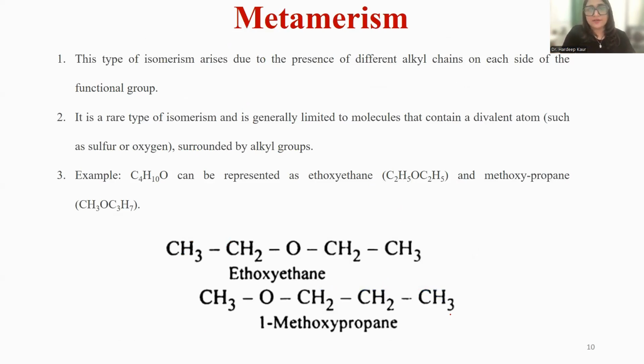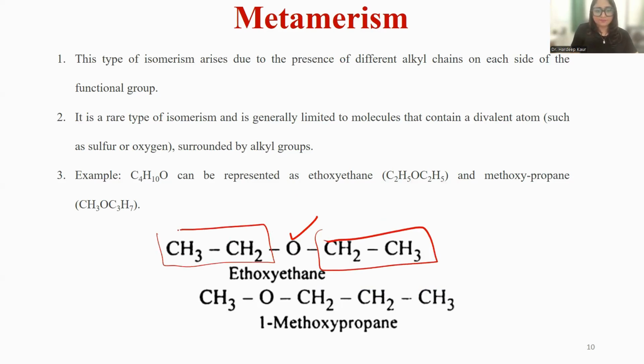Another topic here, which is also a subtype of structural isomerism, is metamerism. This type of isomerism is present due to the presence of different alkyl chains on the sides of a functional group. Here you can see there are 2 carbon chains on both sides.